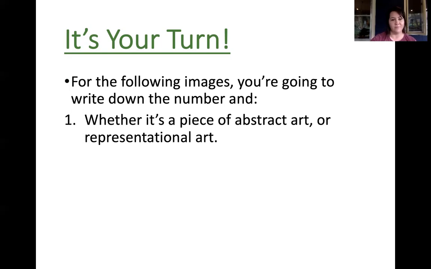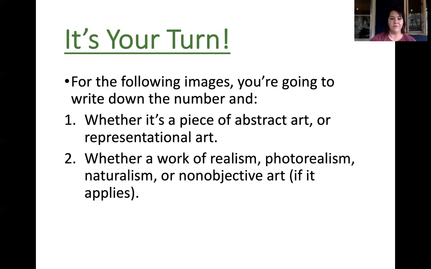So that's the first point. And then furthermore, it may be a work of realism, photorealism, naturalism, or non-objective art if it applies. Now, it could end at abstract or representational because that's a perfectly valid category, but sometimes the subcategories we talked about help to further designate what's going on. All right, good luck.